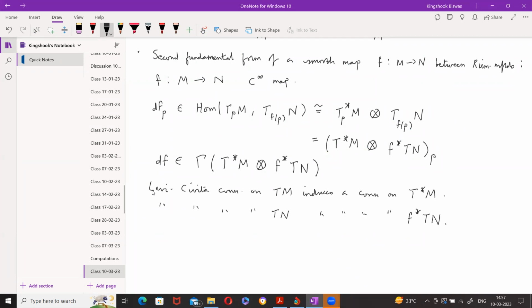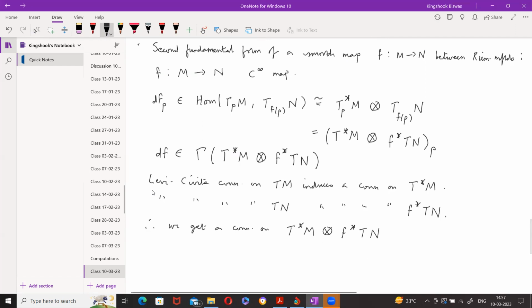Hence, we get a natural connection on T star M tensor F star TN. Is this clear?